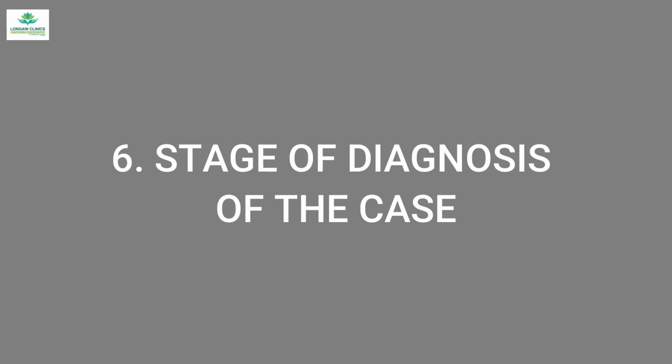Now we will see the 6th point, stage of diagnosis of the case. A clinician is able to arrive at a diagnosis because it is clear that certain aspects of the patient's history or physical signs have specific significance.